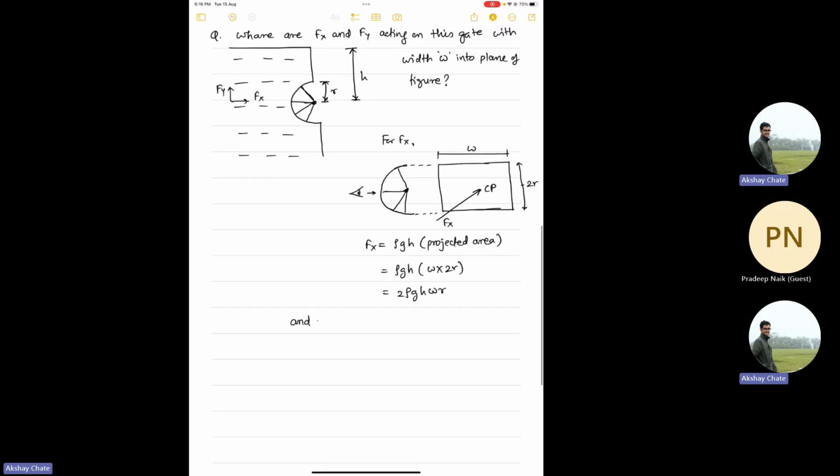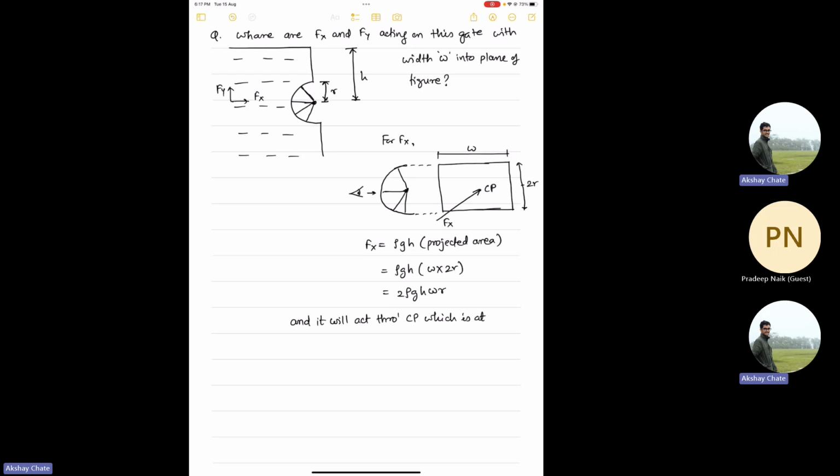it will act through the center of pressure, which will be at H minus R plus 2R by 3. Correct now?